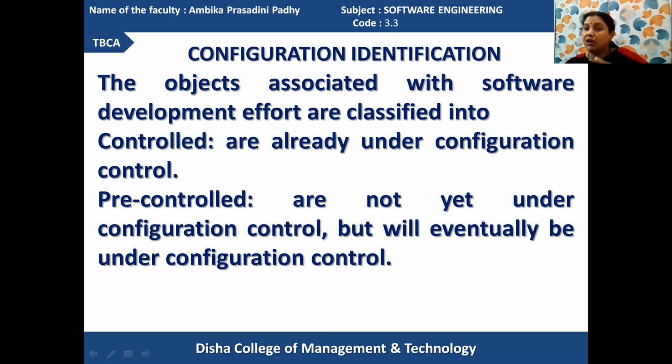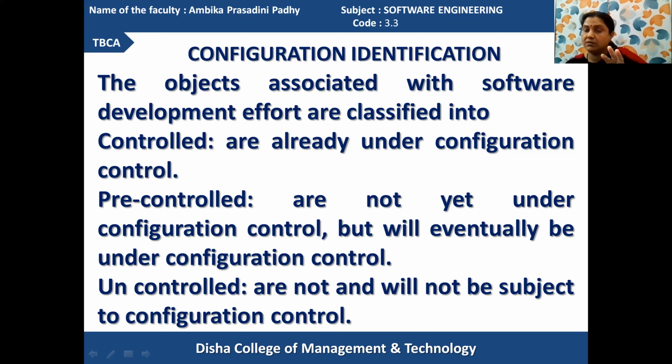So if a particular system module's action is a controlled or pre-controlled one, then we can set the configuration control measures on that. Got it? If the action is not under controlled or pre-controlled actions, then the configuration control plan cannot be implemented on it. Got it? Configuration control can be applied only on controllable objects.